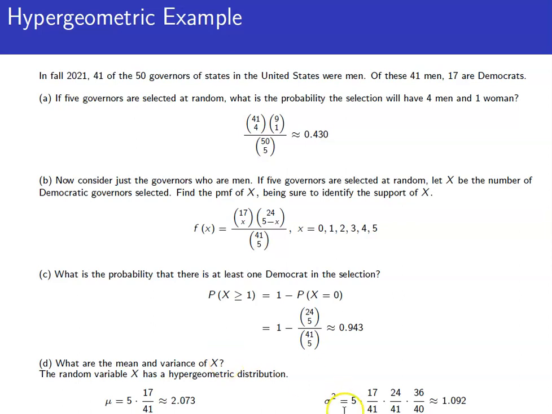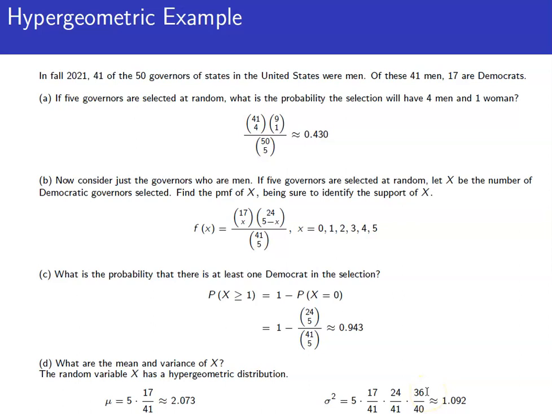For your variance then, it's n, which is 5 in this case, your sample size, times the number of elements that you're trying to count over the sample space, so the 17 over 41, times the number of things that are not in the things you're trying to count, so in this case 24 over 41 over the sample space, and then that last part will be total number minus number of selections.